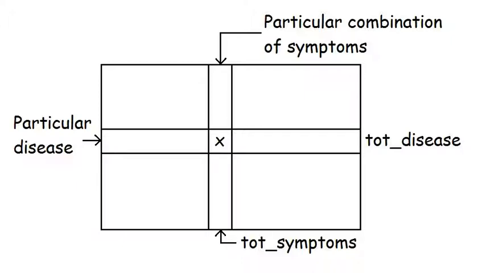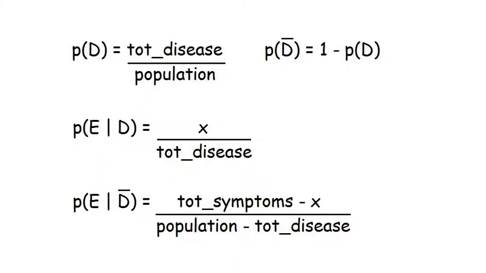There are a certain number of people, call the figure X people, who both have that disease and show the combination of symptoms sitting right in front of us. That's where the row for that disease intersects with the symptoms column and has the value X in it. And here's how we calculate the probabilities. In this case, population is the total number of people in that table, the total population of people, if you like.